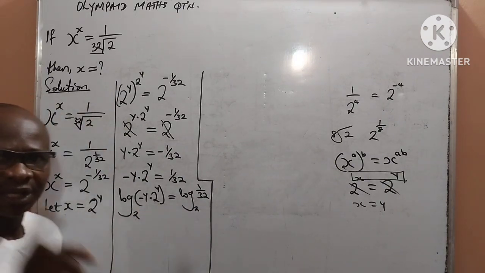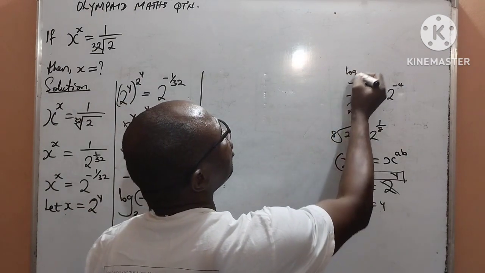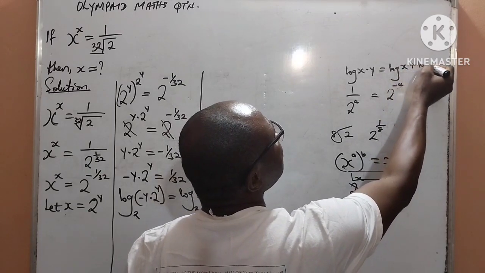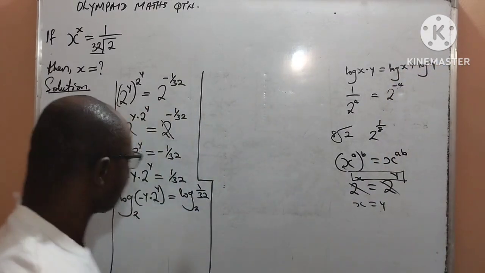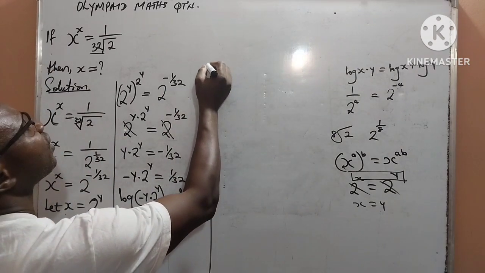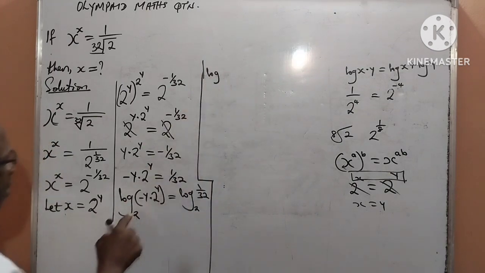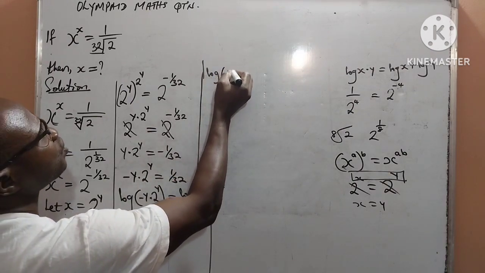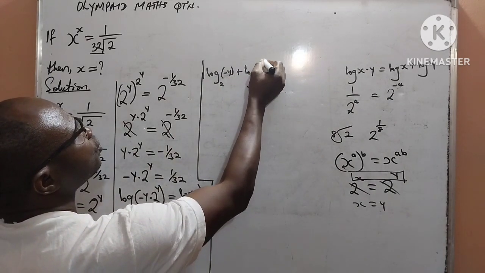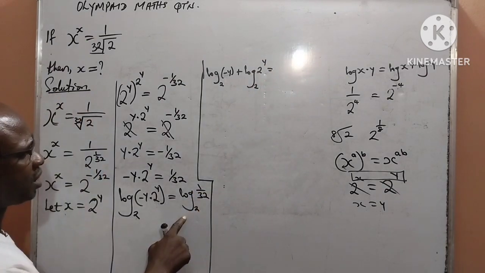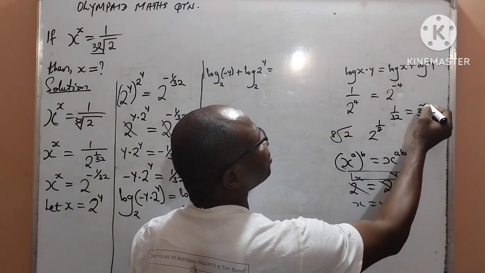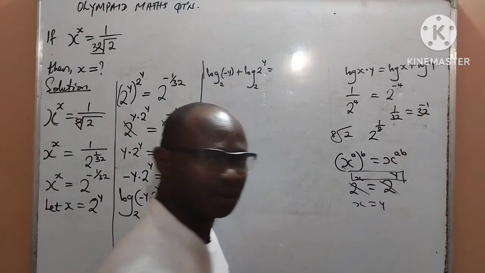At this point, if I have the log of x multiply y, it is the same thing as the log of x plus the log of y. Therefore, I am going to apply addition by the left hand side, and that will now give me the logarithm of minus y base 2 plus the logarithm of 2 to power y base 2 equal to, permit me to write 1 all over 32 as 32 raised to power negative 1.